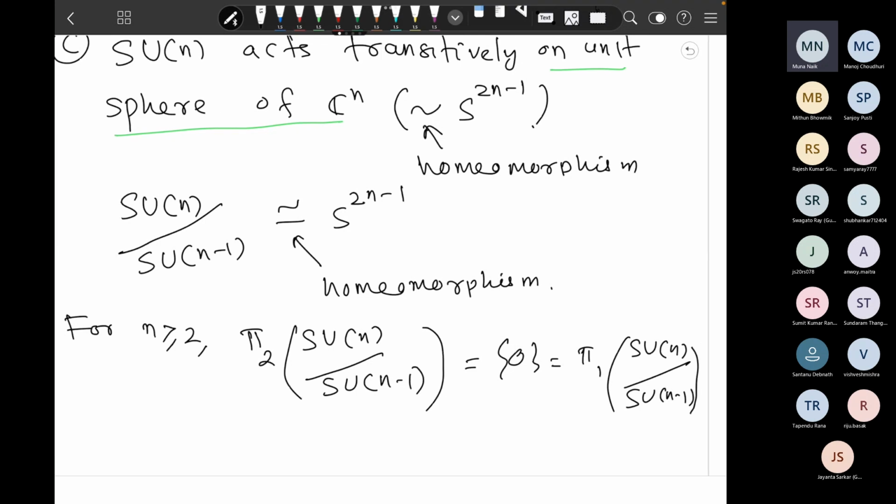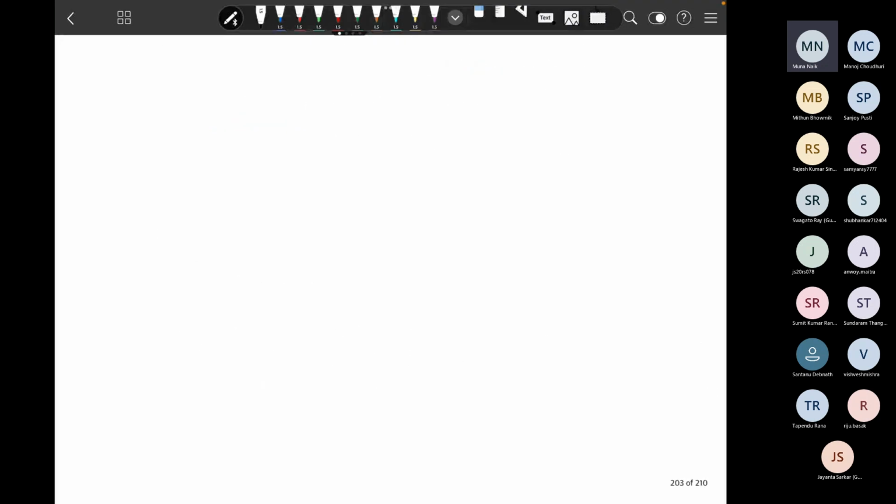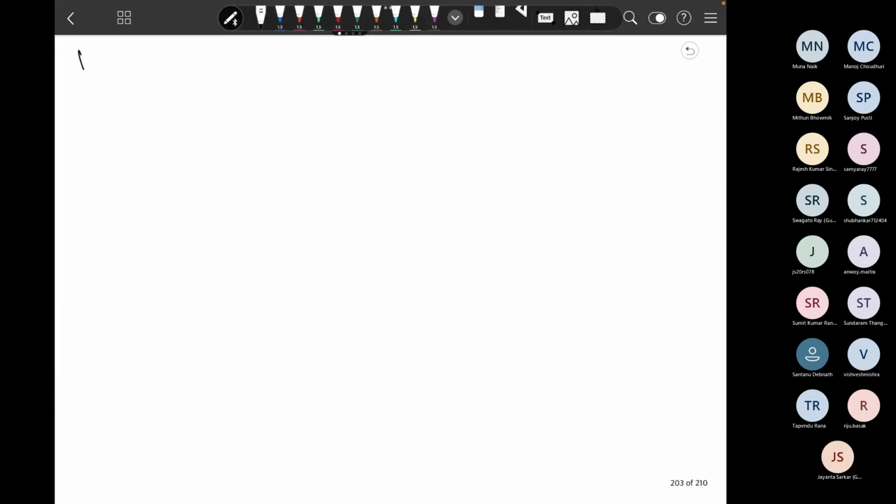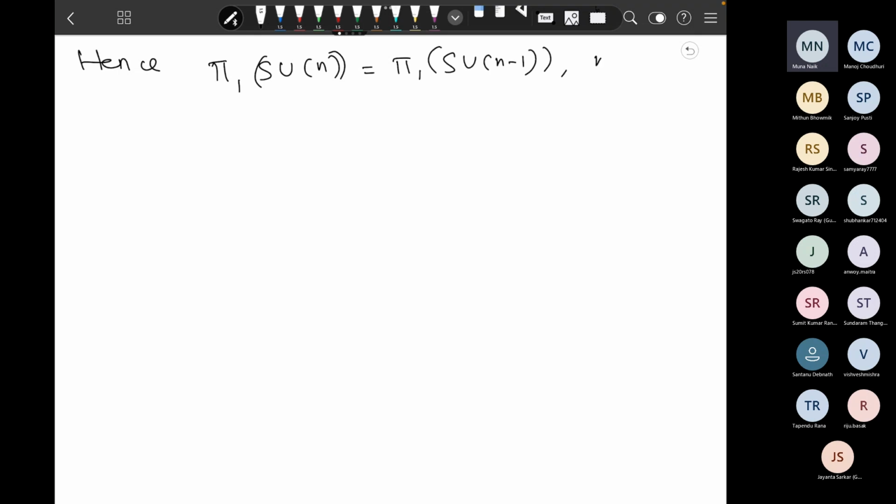Now I apply that previous proposition. So hence pi_1 of SU(n) is equal to pi_1 of SU(n-1) for n greater than or equal to 2. So that means pi_1 of SU(1) is equal to pi_1 of SU(2), and if I continue in that way, this is pi_1 of SU(3).